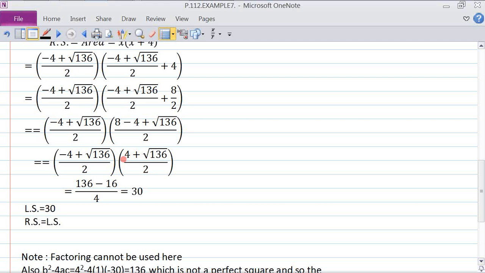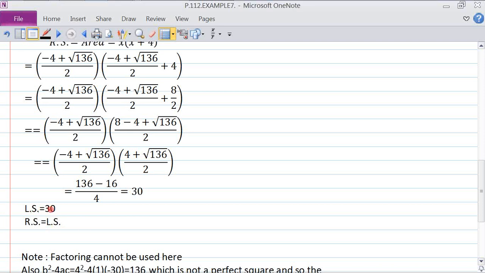So we really have the difference of squares here. So there's no middle term here, because here you can see you've got plus 4 times root 136. That's the inner, minus 4 times root 136, so they cancel. So it's really only the first times the first and the last times the last, which gives us this. And 136 minus 16 is 120. 120 over 4 is 30.